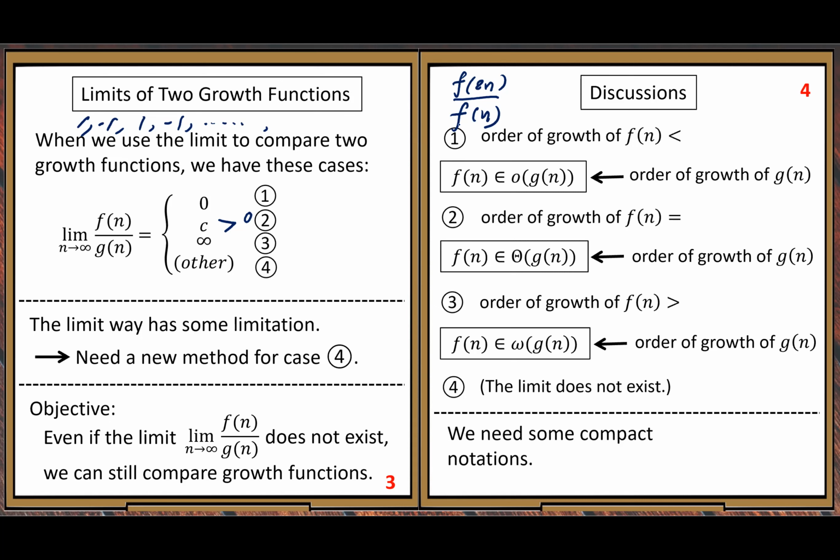Another explanation about this notation. When we use math understanding here, f of n is a function. In math, what do we mean by f of n belongs to little o of g of n? What is the mathematical object here?